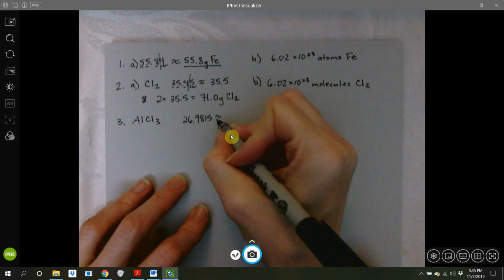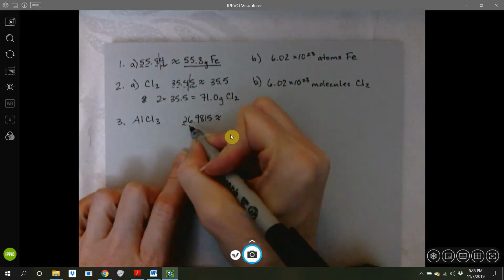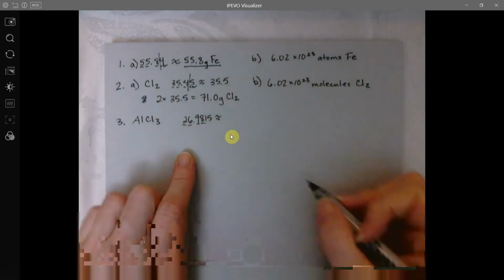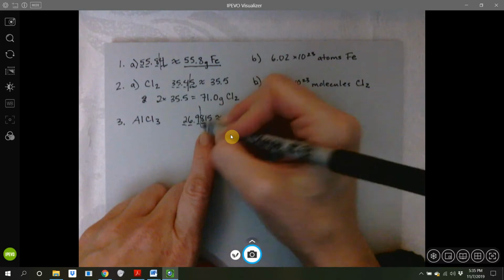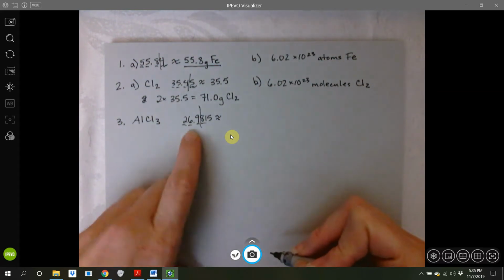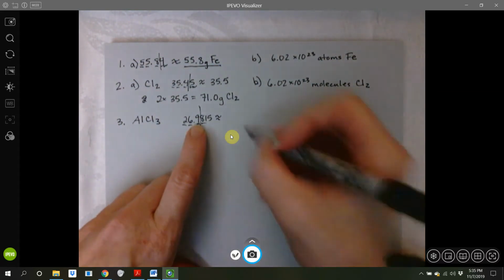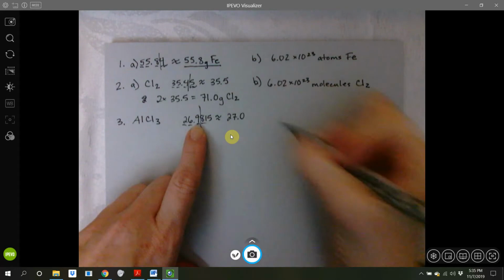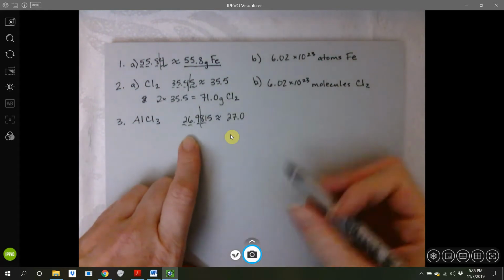We'll round that off. We're keeping those 3, we're looking at the 8, we're going up. If we go up, 9 turns to 10, so we get 27.0, right? And I'm showing my rounding here.